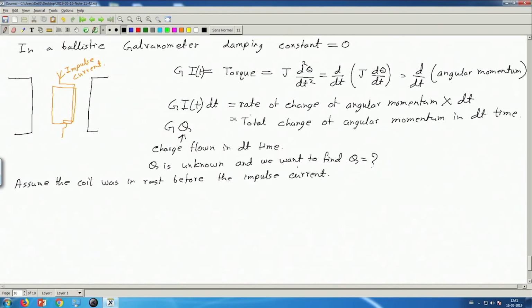So therefore the initial angular momentum was equal to 0 and the total change of angular momentum, we have found, is equal to GQ.